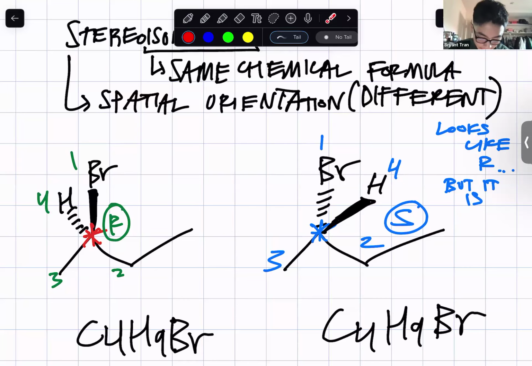Now, you notice how we have these two chiral centers here? They have opposite stereochemistry.